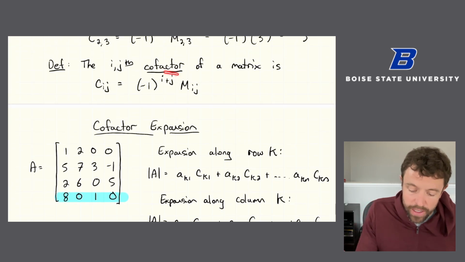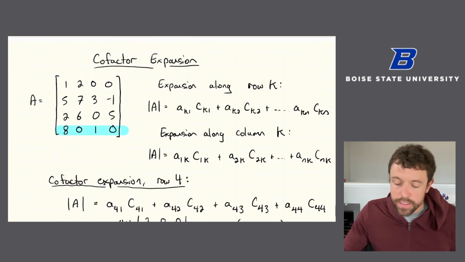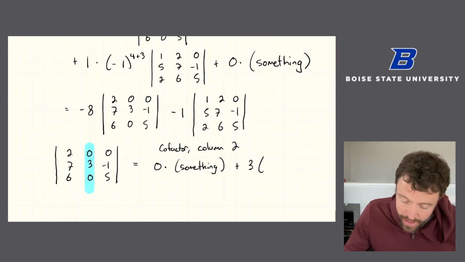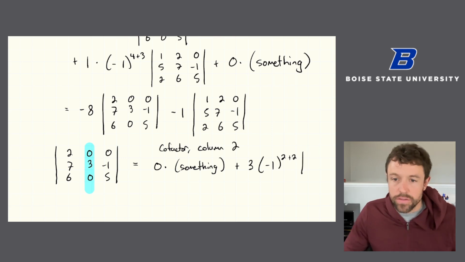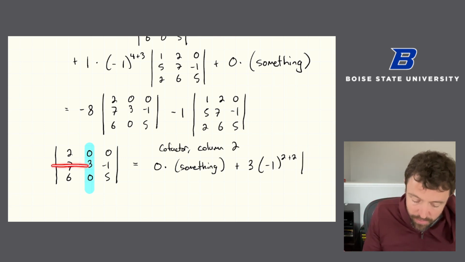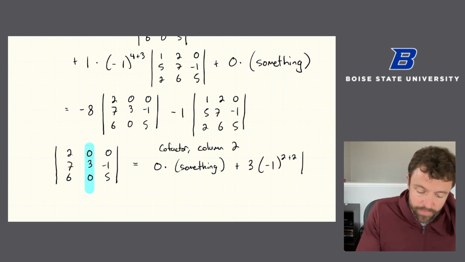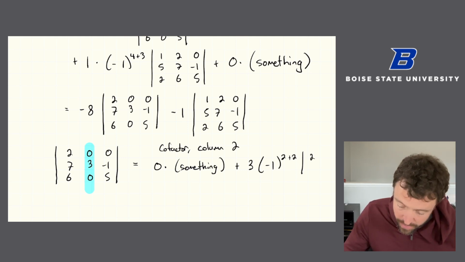And remember, the cofactor is just maybe a -1 times the minor. And so I get -1 to the 2 plus 2, this is entry 2, 2, times the 2, 2 minor, which is what we get when we get rid of row and column 2. So 2, 0, 6, 5.